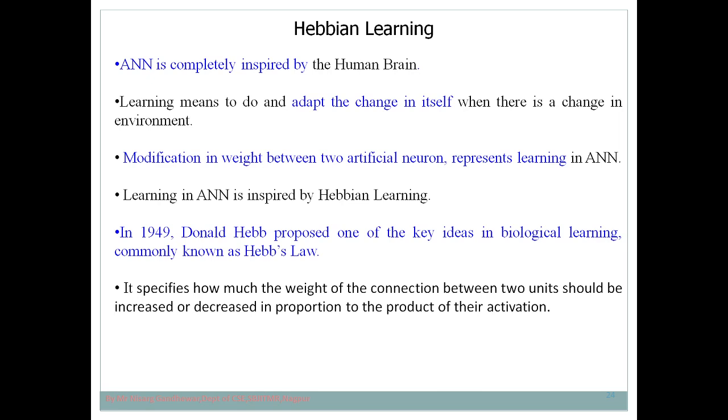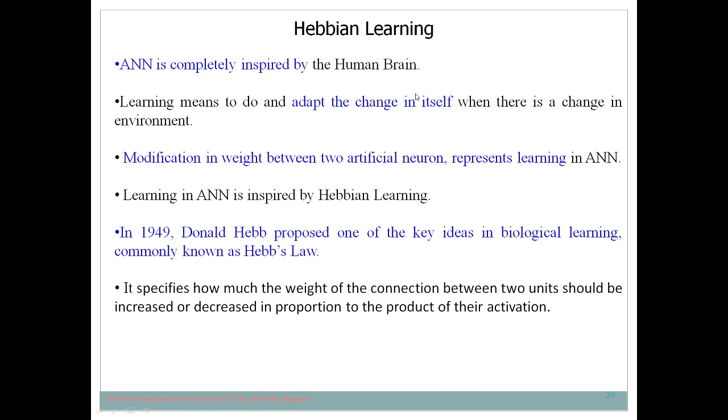Why is it so? Because in a human brain, millions and billions of neurons are connected with each other. ANN derives this concept from the brain, so ANN is completely inspired by the human brain.